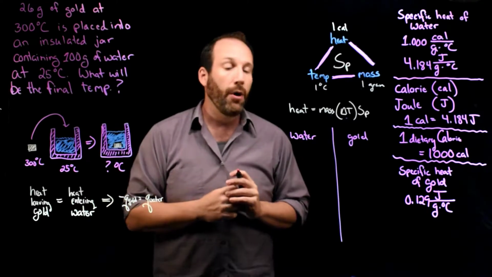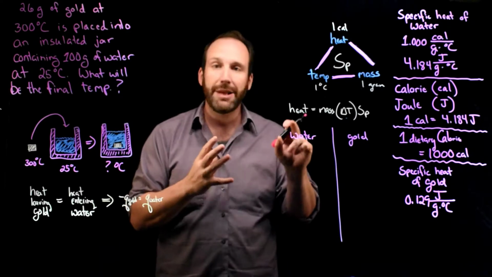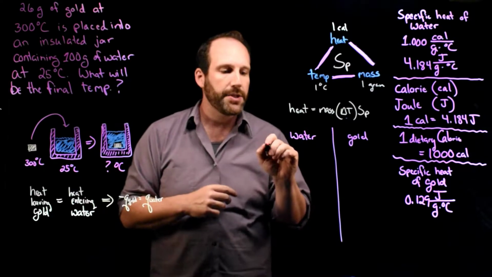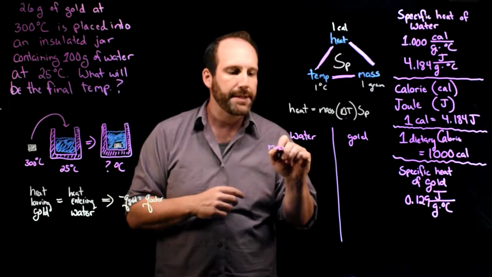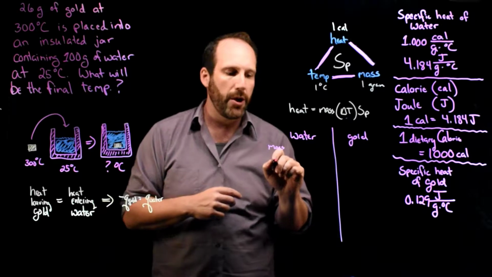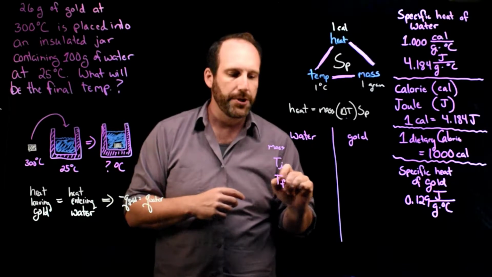What things do we know? Well, we know that we're going to use this equation. So ultimately, we need to have as many of these variables as we can. We know that we're going to have a mass, a delta T, and delta T we know is the initial temperature and the final temperature.